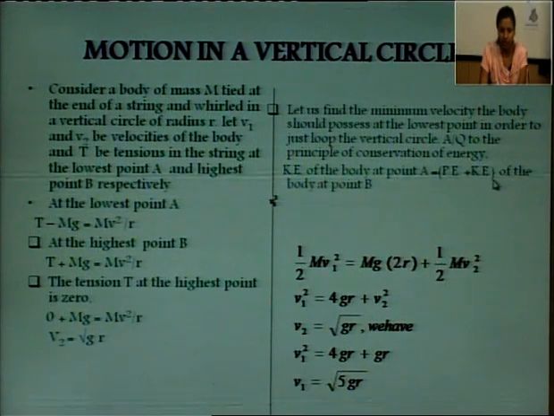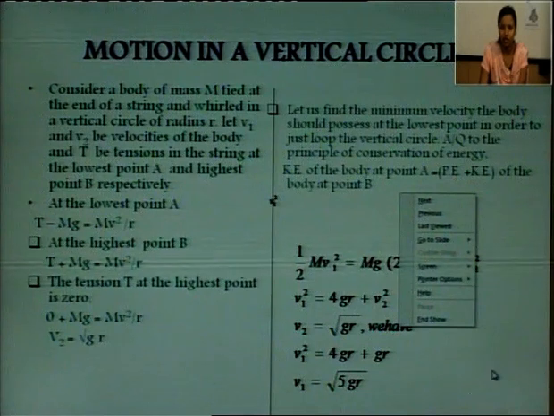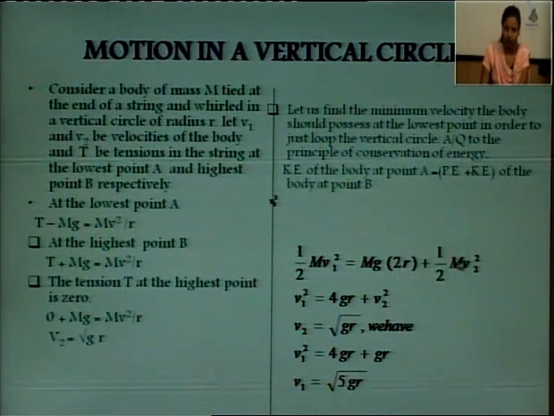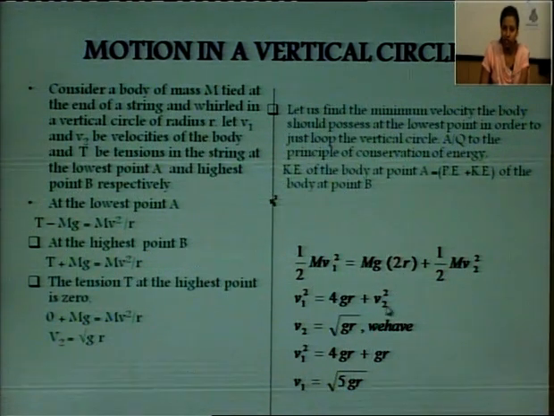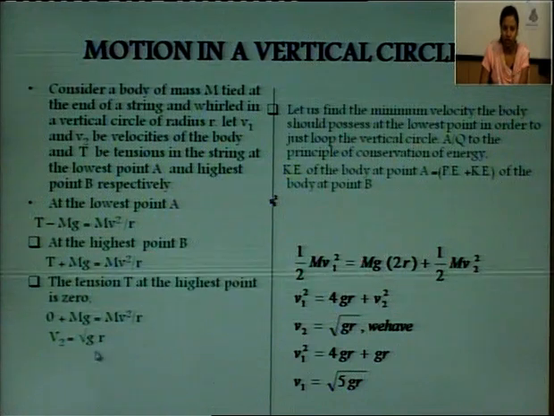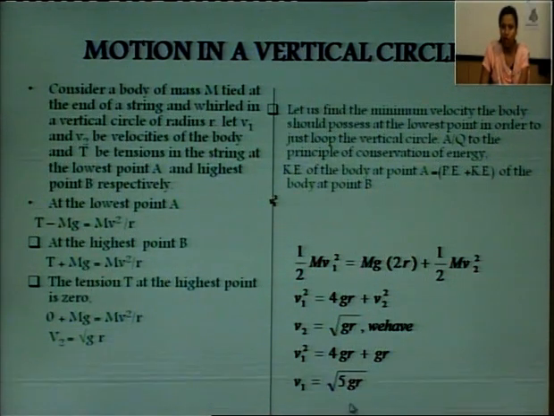At point A it is ½mv1², at point B potential energy is mg into 2r, and kinetic energy is ½mv2². So, v1² is equal to 4gr plus v2², where v2² is gr. After substituting, v1 is equal to the square root of 5gr. This is the minimum velocity a body should possess in order to just loop the vertical circle.